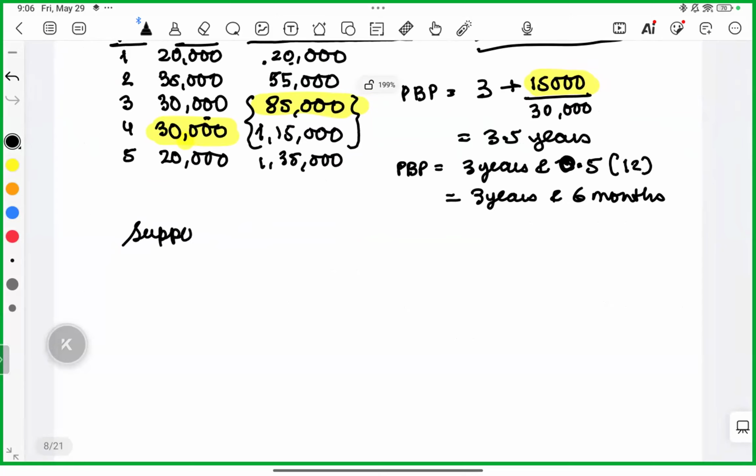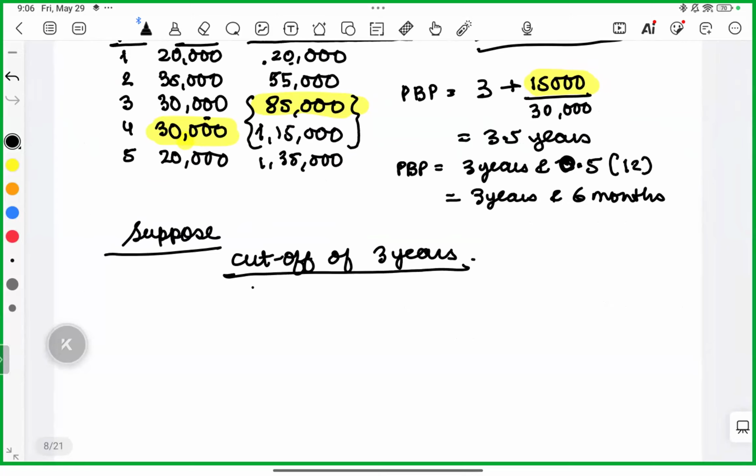Suppose management has a cutoff of 3 years. I'm just assuming, this is not given in the question. So your payback period is more than the cutoff of 3 years. Cutoff means management does not want to take anything that takes more than 3 years. So what will you do? You will reject this proposal.